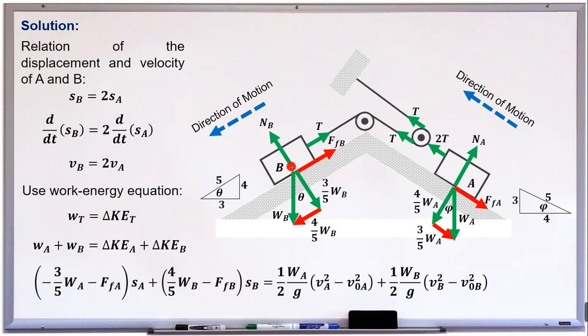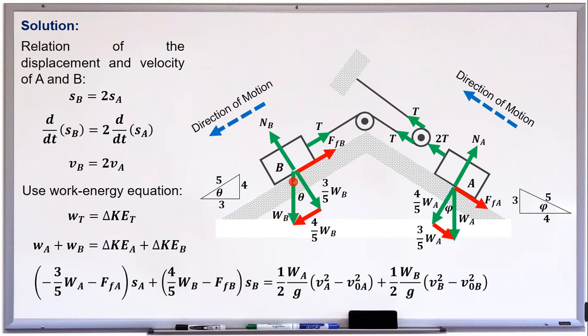It's because they are not oriented parallel to the direction of motion. For the case of the weight, the weight here still has a component that does work, and that component is the parallel component of the weight.